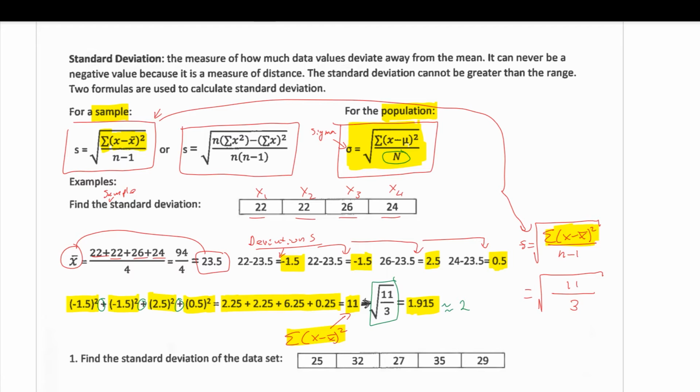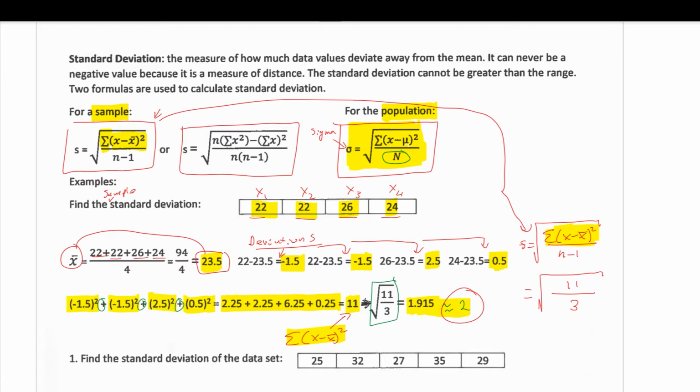We know that the mean was 23.5. Each one of these values, on average, is about 2 units away from the center, from the mean 23.5.